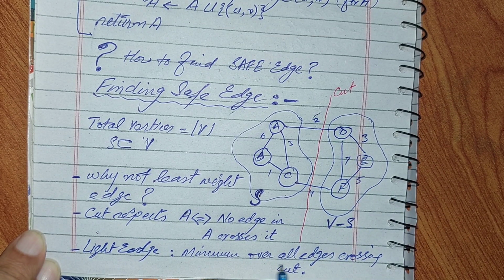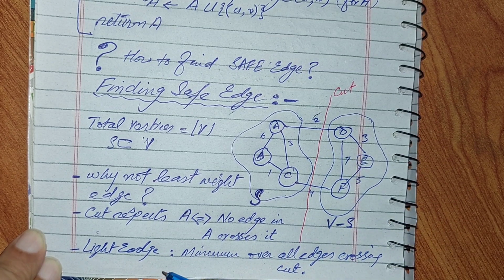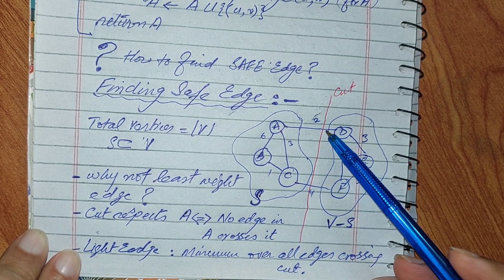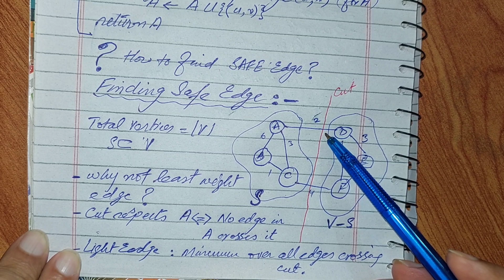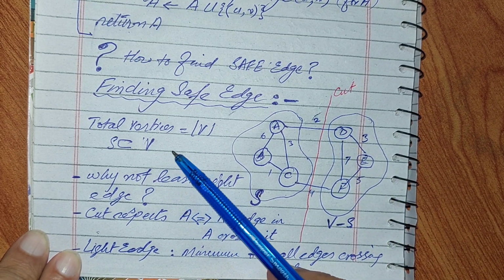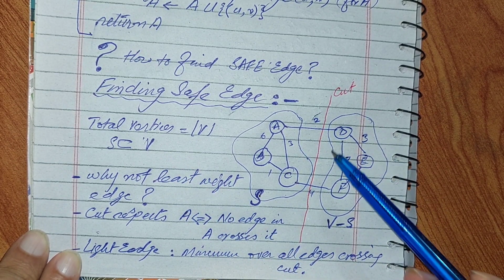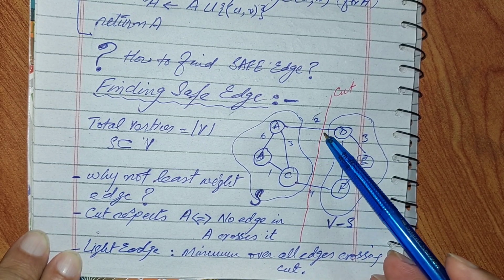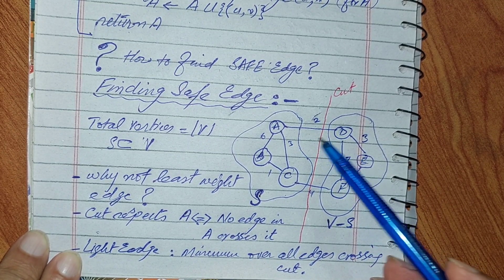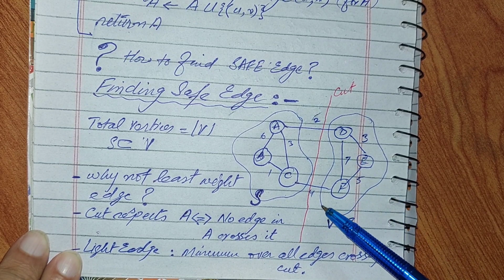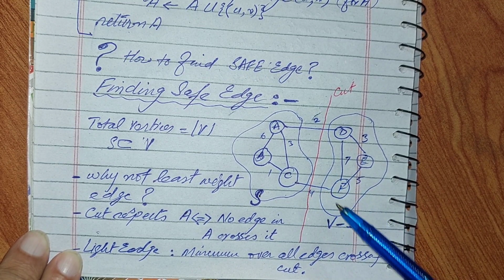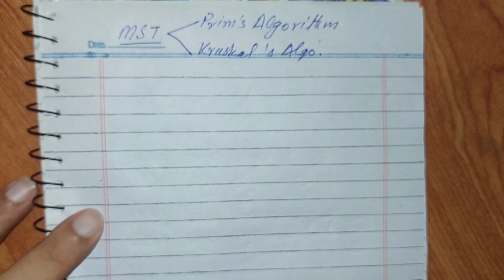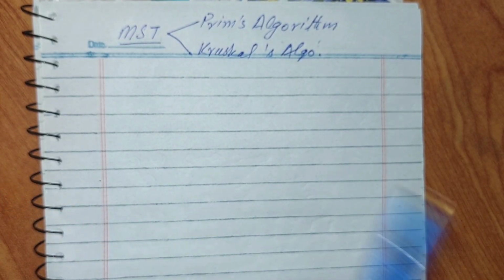This light edge is basically called the safe edge that we have discussed previously. So we can say that the lightweight edge crossing the cut is actually the safe edge.